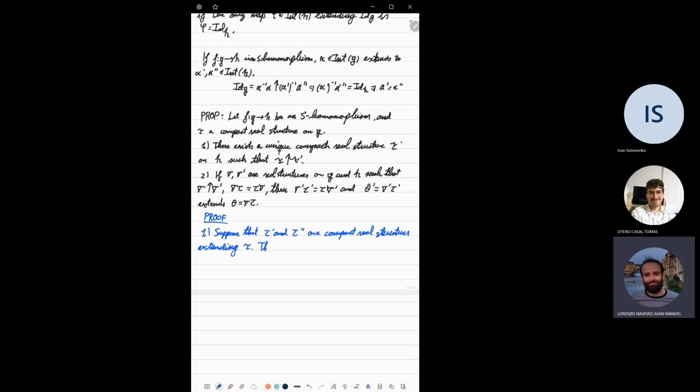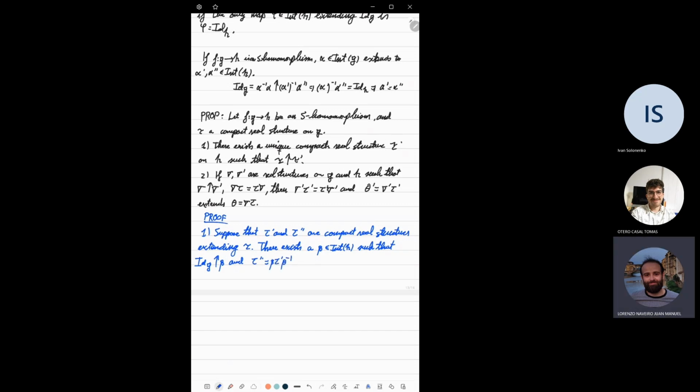So there exists an inner automorphism beta such that beta extends the identity and tau second is equal to beta tau prime beta minus 1.